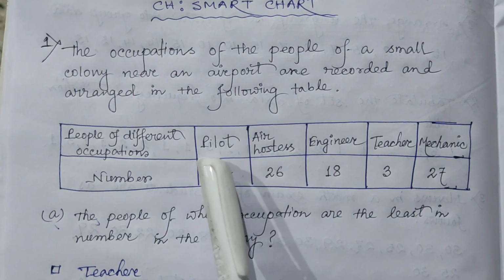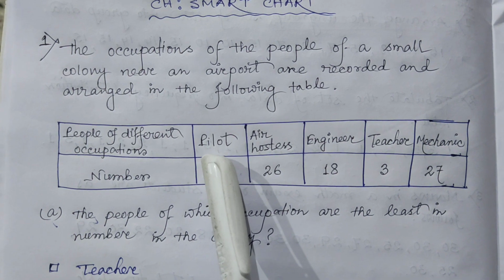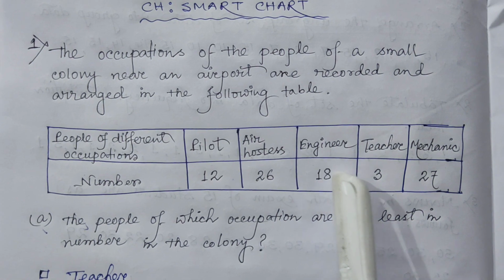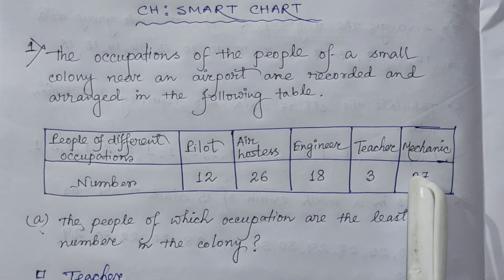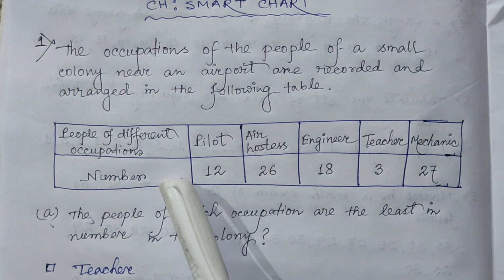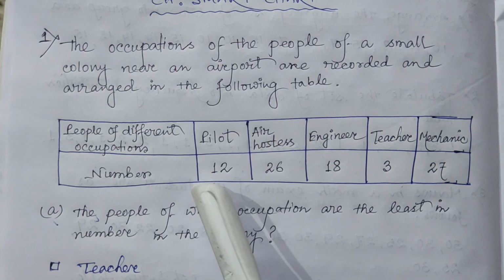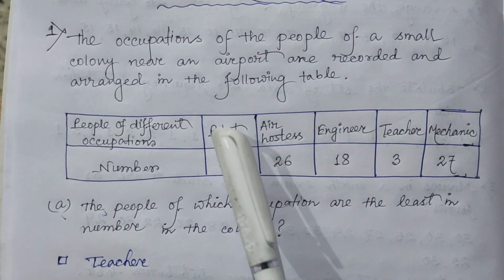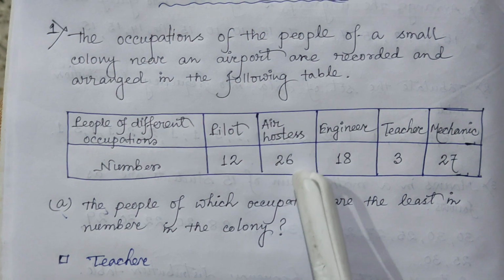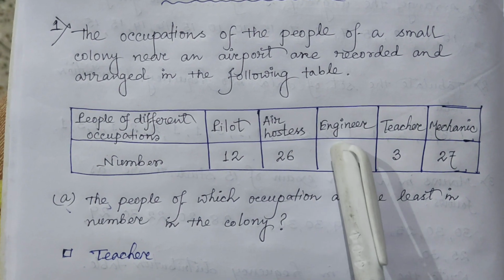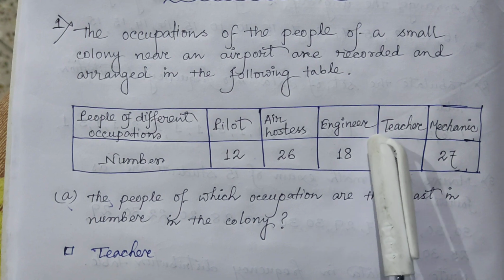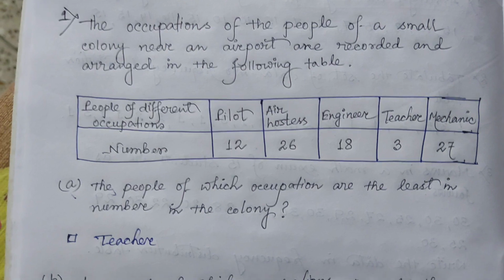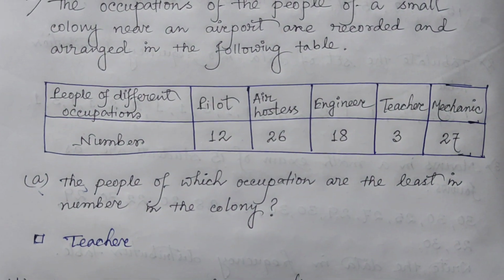The occupations are pilot, air hostess, engineer, teacher, mechanic. And the number of people who work in those occupations is also given. Pilot 12, air hostess 26, engineer 18, teacher 3, mechanic 27.